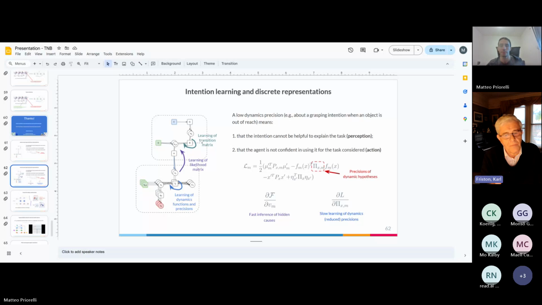So I think you're absolutely right. Getting the precisions optimized is important, and the most important balance would be between the prior precisions and the sensory precisions.